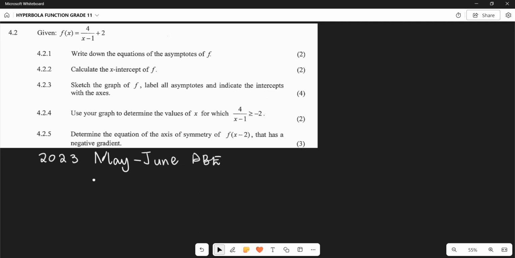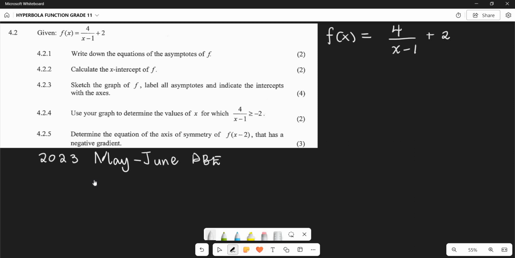All right. Now we are given the function. Let us look at the equation given to us. We are given that f of x is equals to 4 over x minus 1 plus 2.